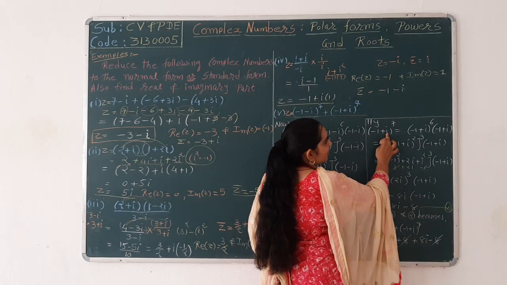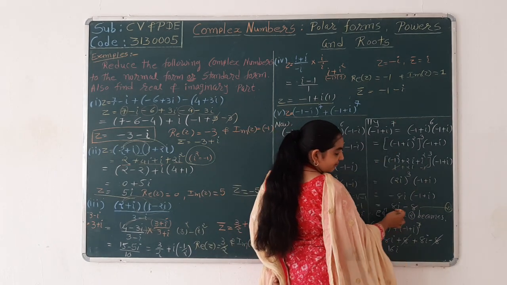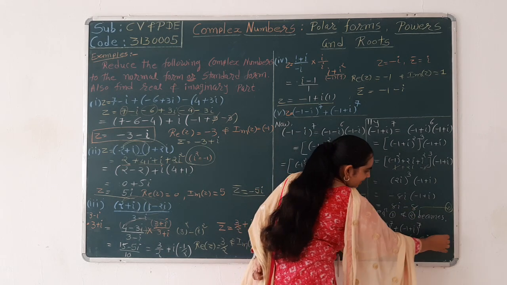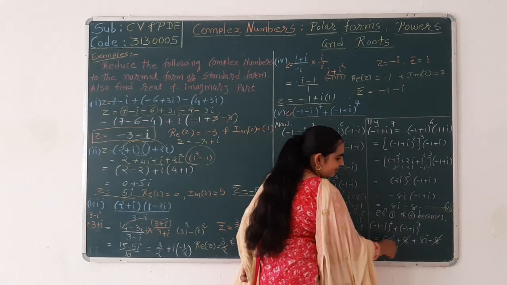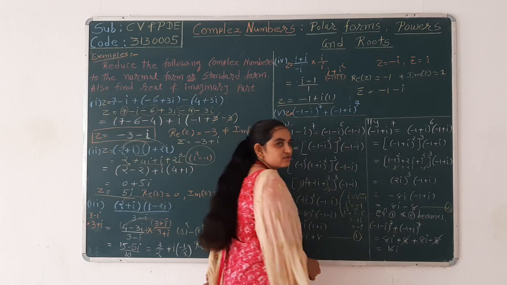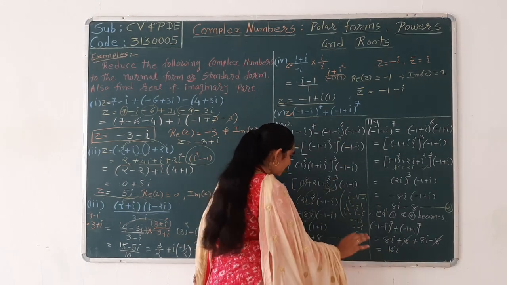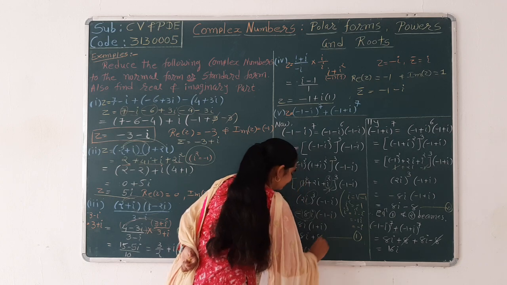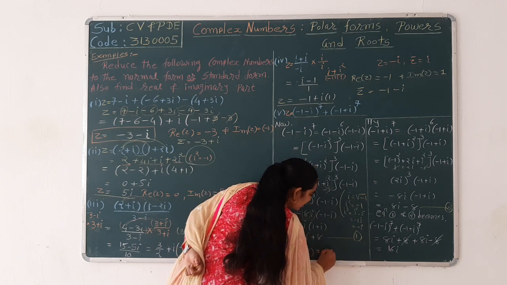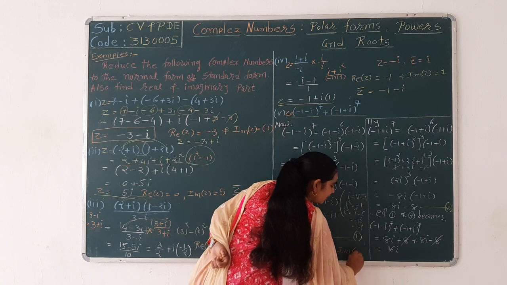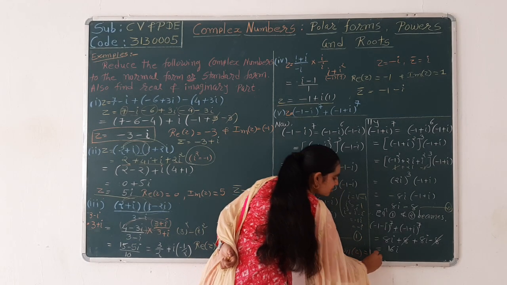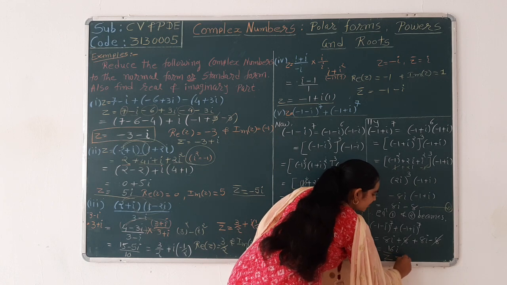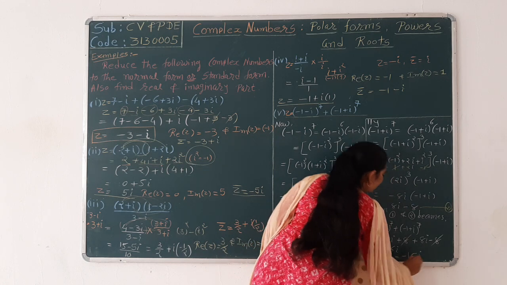Minus 1 plus I raised to 7 we can write as 8i minus 8. That means this plus 8 minus 8 will be cancelled out. 8i plus 8i is equal to 16i. Here the real part of z is equal to 0, the imaginary part of z is equal to 16, and the complex conjugate z bar is equal to minus 16i.